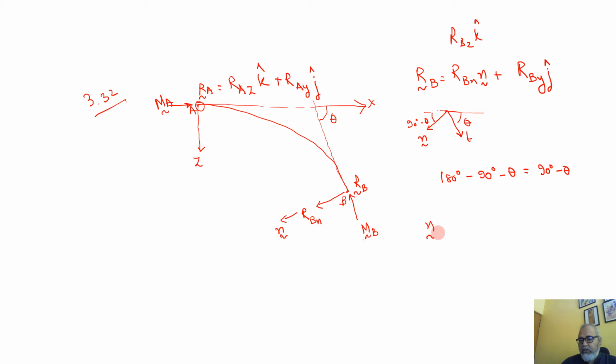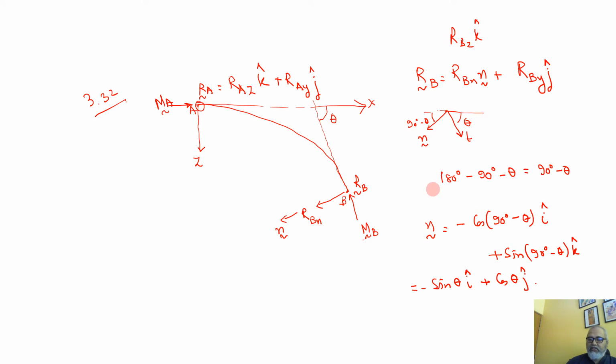So N would be minus cos(90 degrees minus theta) i cap plus sine(90 degrees minus theta) k cap, which gives you minus sine theta i cap plus cos theta k cap. So this is your N.